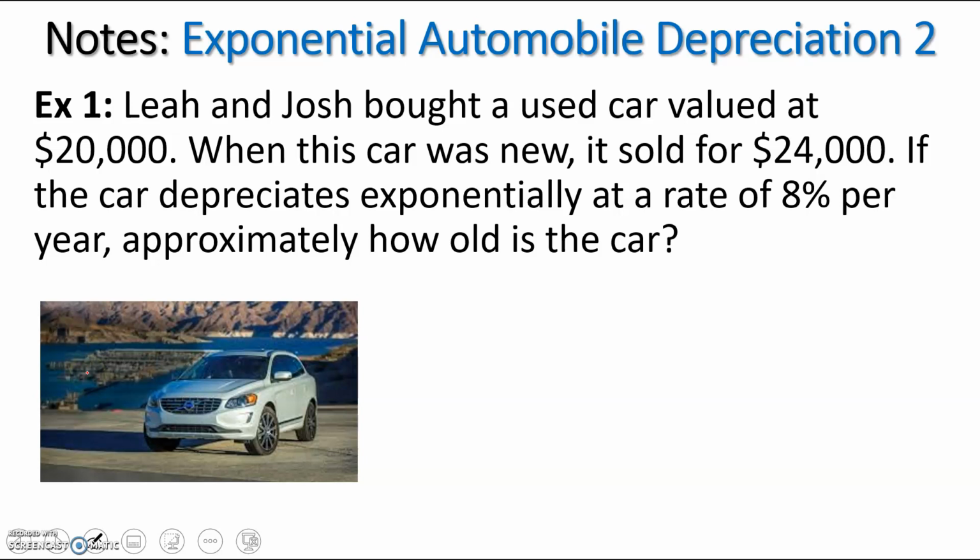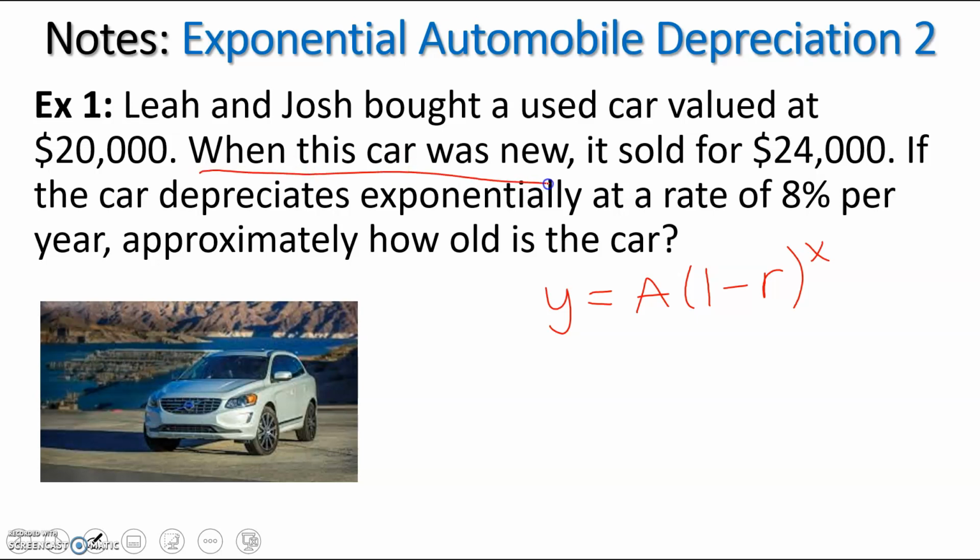So, similar to the previous lessons, we're going to begin with our exponential decay generic formula, which is y is equal to a times 1 minus r to the power of x, where a represents the starting value, r represents the depreciation rate, and x represents the time in years. So let's take a look at what information they give us.